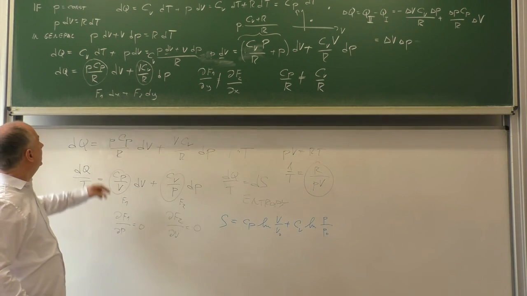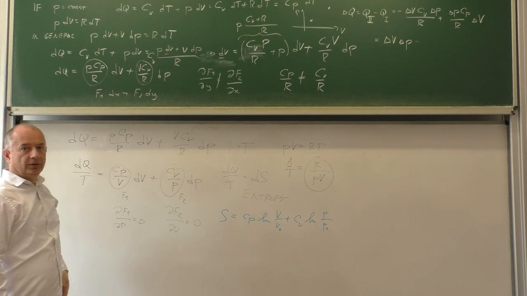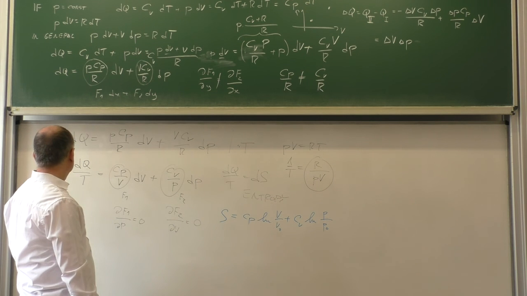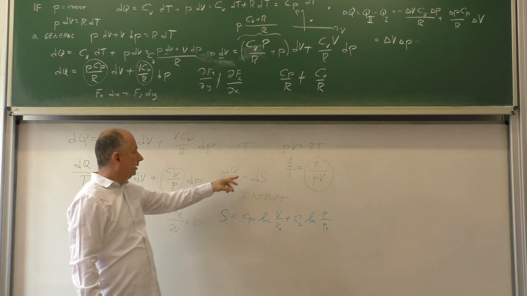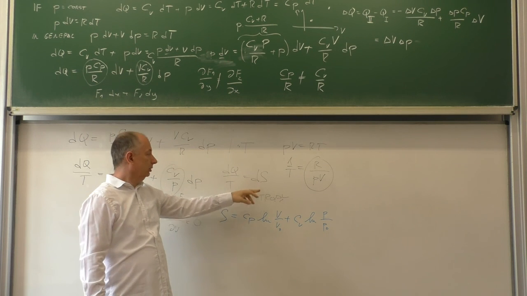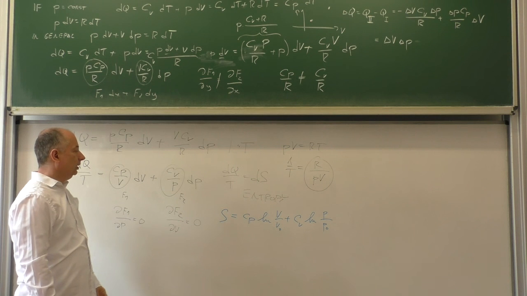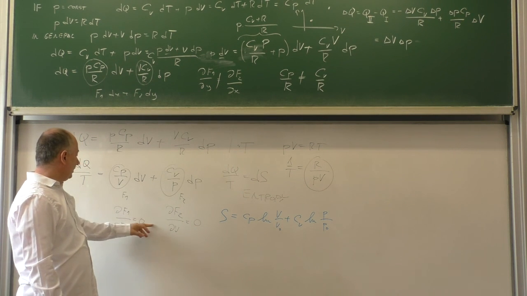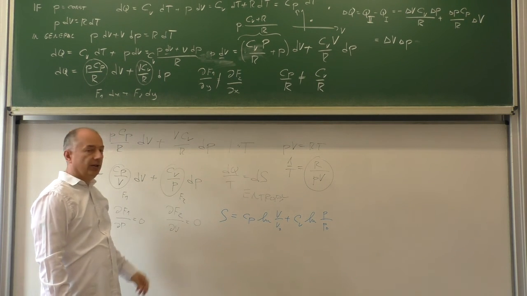So we have illustrated that dQ is not a total differential, it's not an exact differential, but if you divide by absolute temperature T, that means we introduce a new quantity called entropy, then this is already a state variable. The vector field is conservative, it has potential, and this is an exact differential.